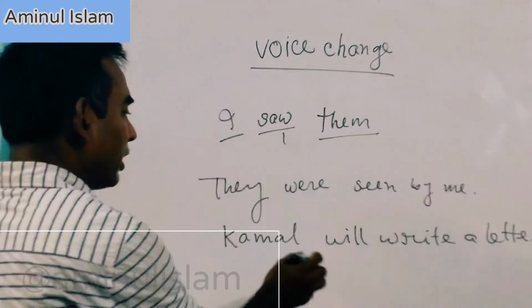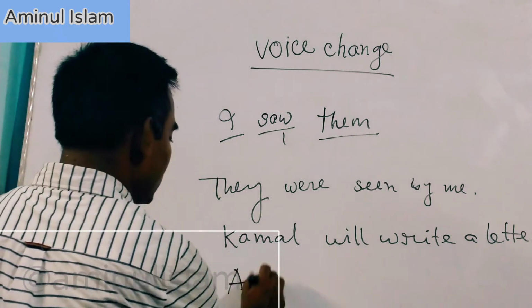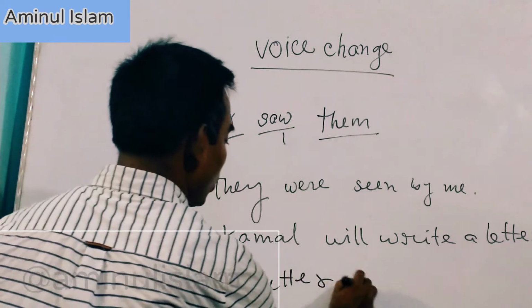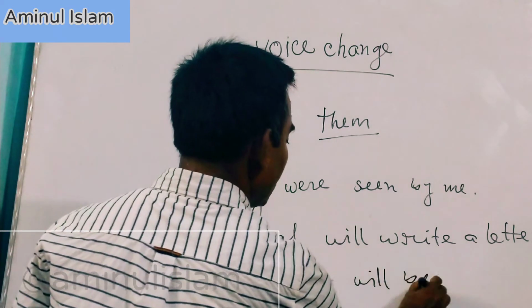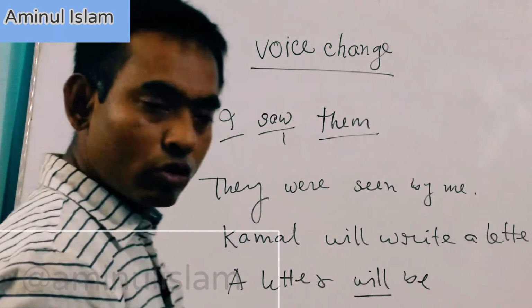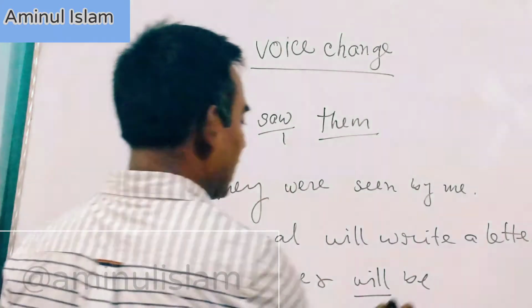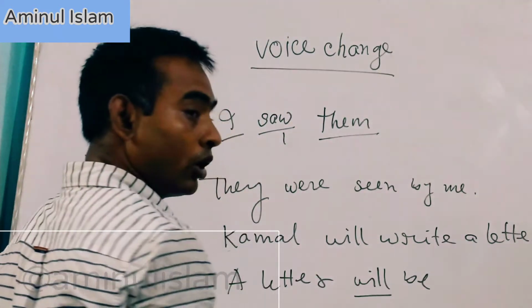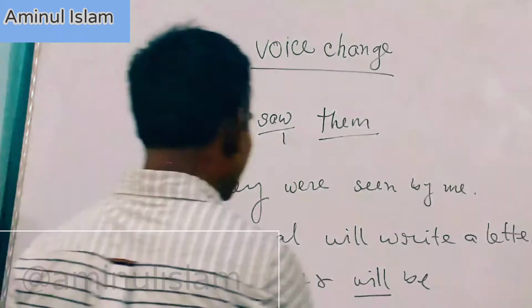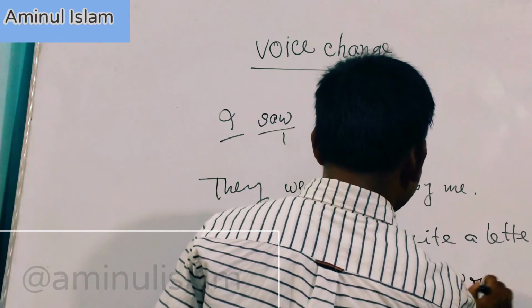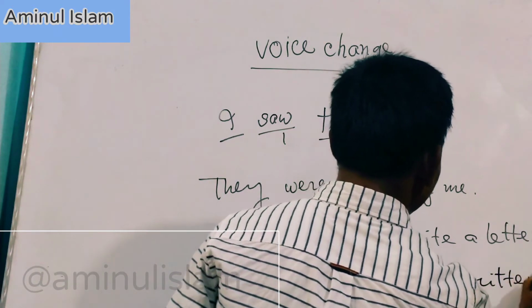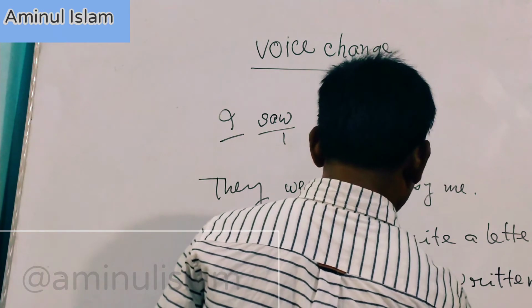For example, Kamal will write a letter. A letter will be, as will is a modal auxiliary. That is why here I place be after the modal auxiliary. A letter will be written by Kamal.